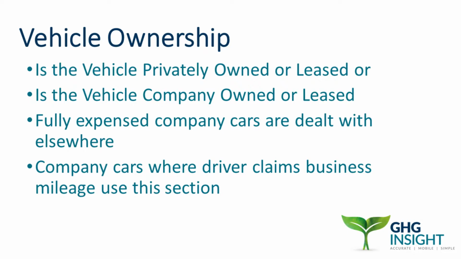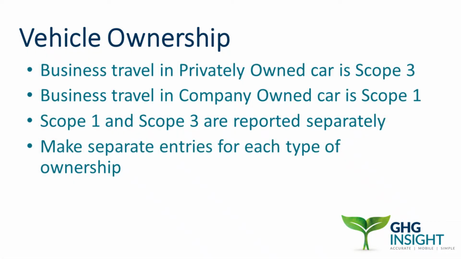However, if the driver of the company car pays for the fuel out of their own pocket and then claims back only mileage undertaken on company business, then it is dealt with here. To be technical, business travel conducted in privately owned cars is reported in Scope 3, whilst business travel conducted in company-owned or leased cars is reported in Scope 1.